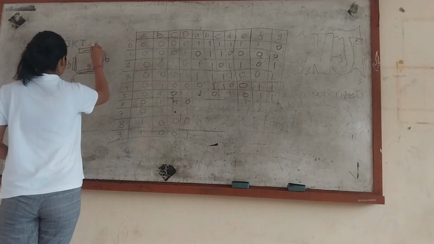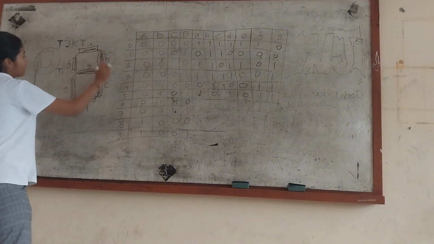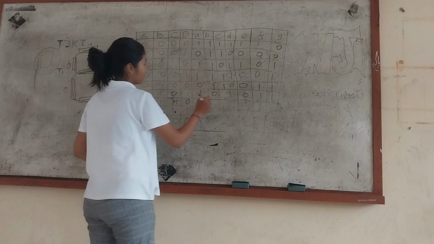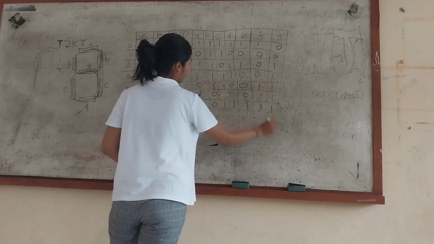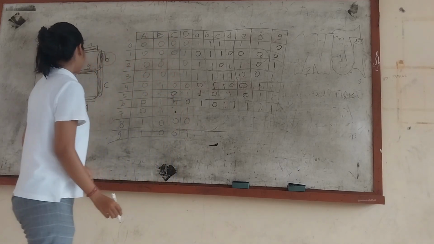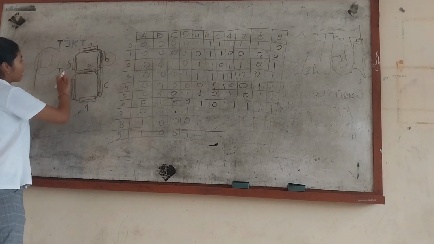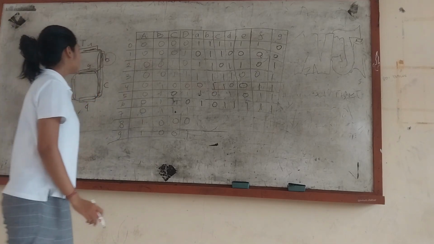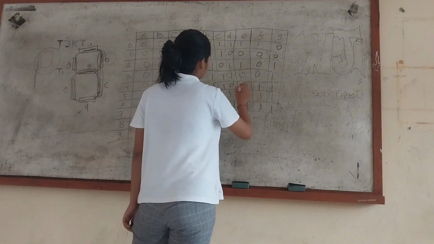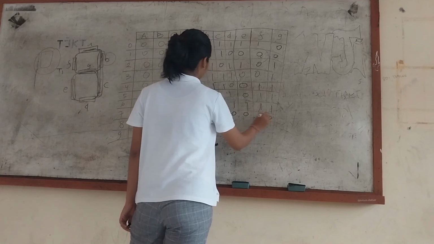We make 6 like this one. So B is 0 and the others are 1. How about 7? We make 7 like this. So F, G, E, and D are 0.